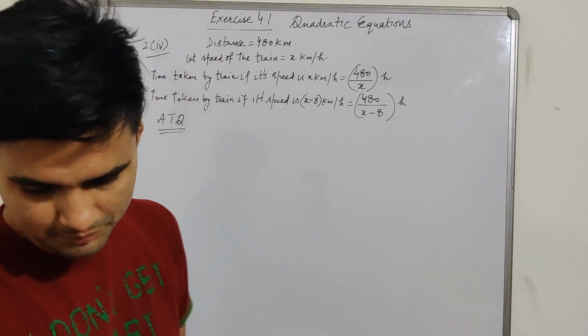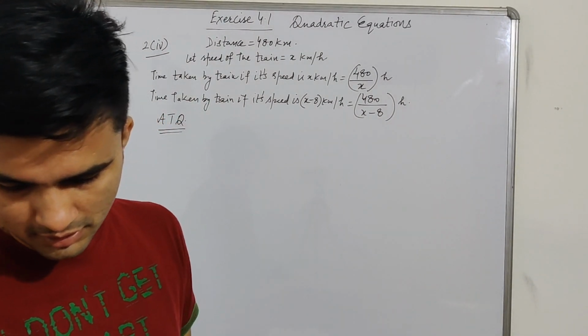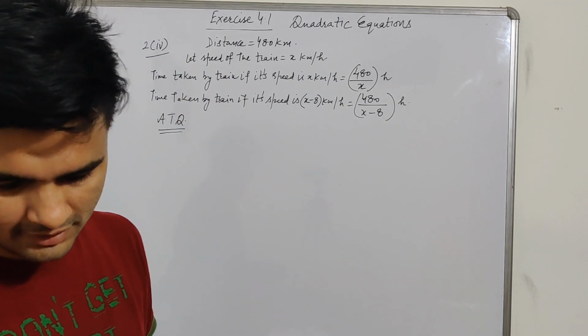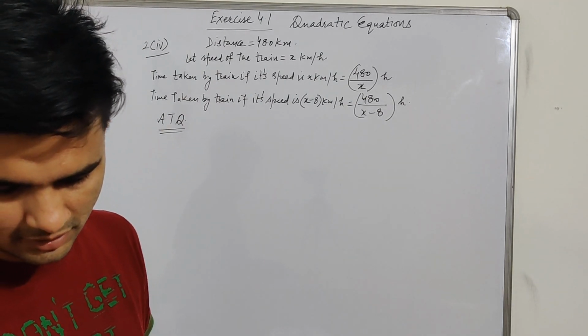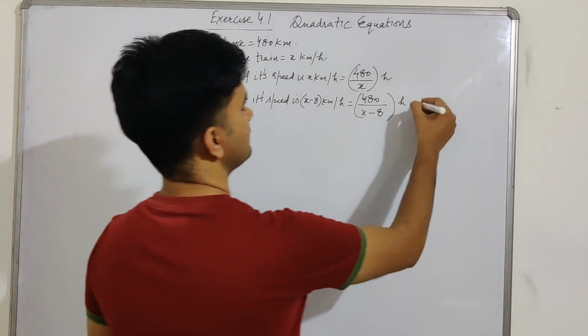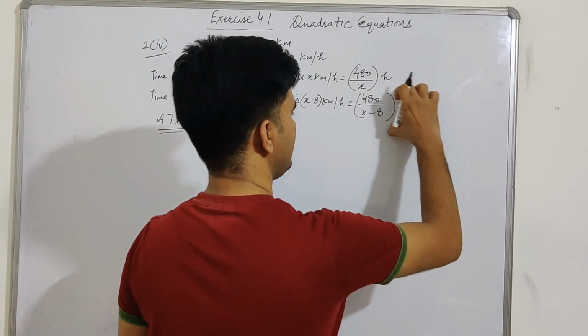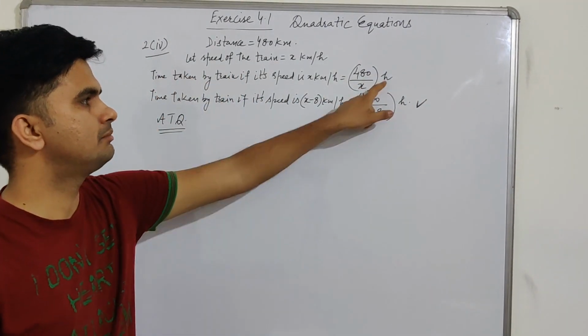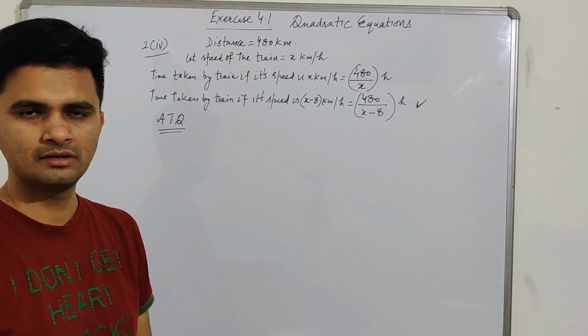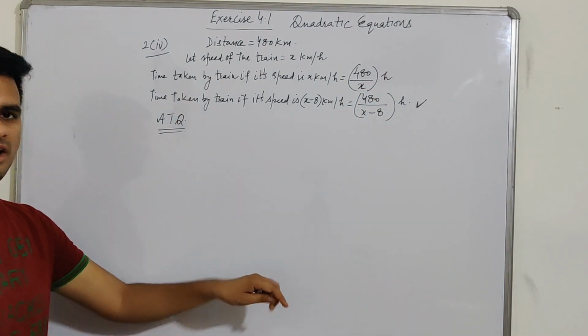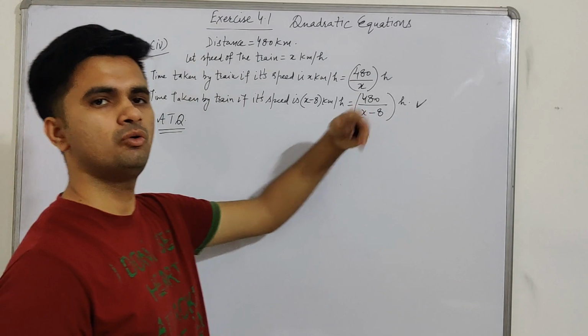If the speed is 8 km per hour less, then it takes 3 hours more. It means this time is greater as compared to this 480 by x, right? If the speed is lesser, then it will take more time.